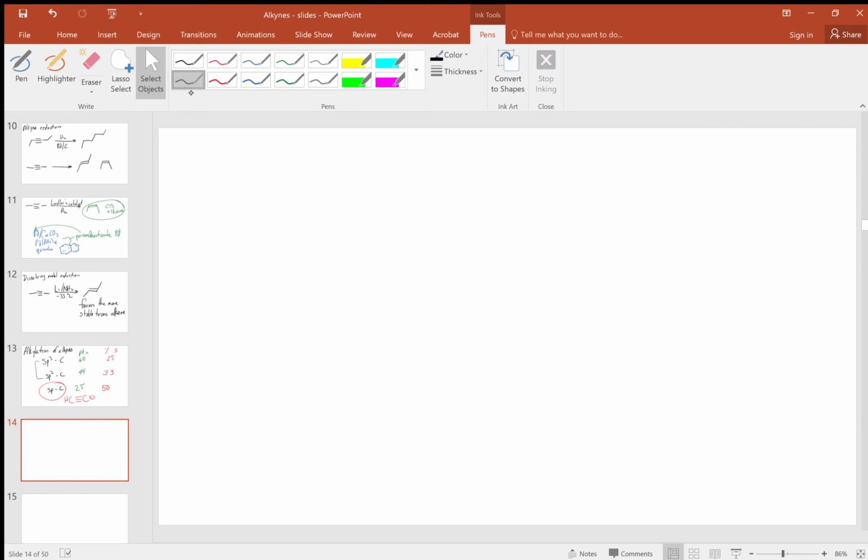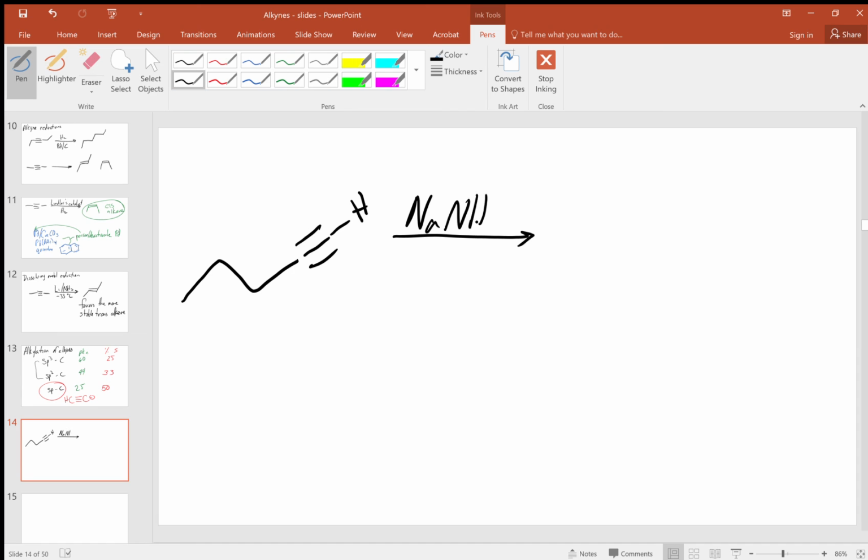So what you can do here with an alkyne, it has to be terminal because you need a hydrogen to remove, is that if you treat it with a strong base, you can remove that hydrogen.